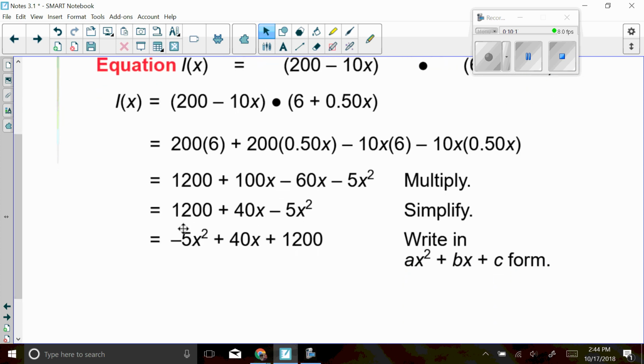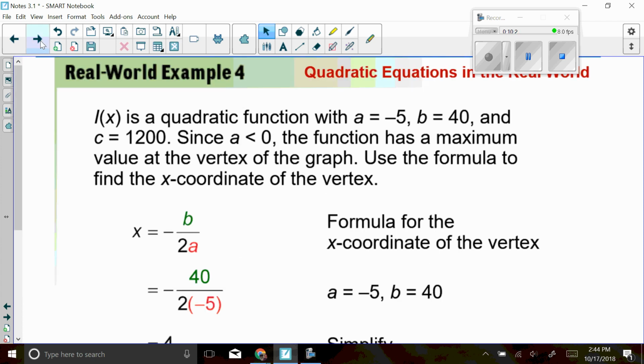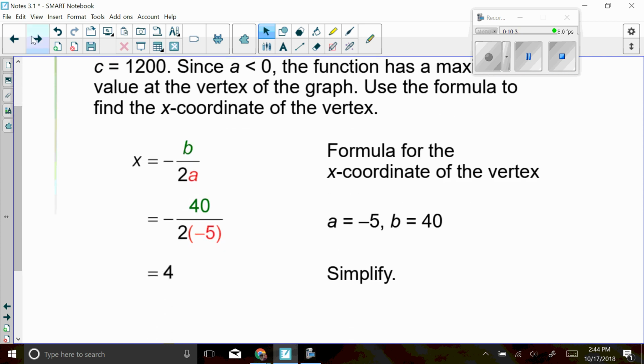So our A term was first. We have our A, our B, and our C. In order to find our max value, we are, of course, going to do negative B over 2A. We end up with 4.